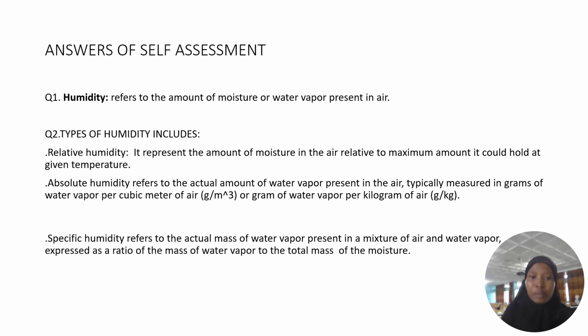This type refers to the actual mass of water vapor present in the mixture of air and water vapor, expressed as the ratio of the mass of water vapor to the total mass of the mixture. So these are the types of humidity. We know there are three, as we discussed in more detail in the previous slides.